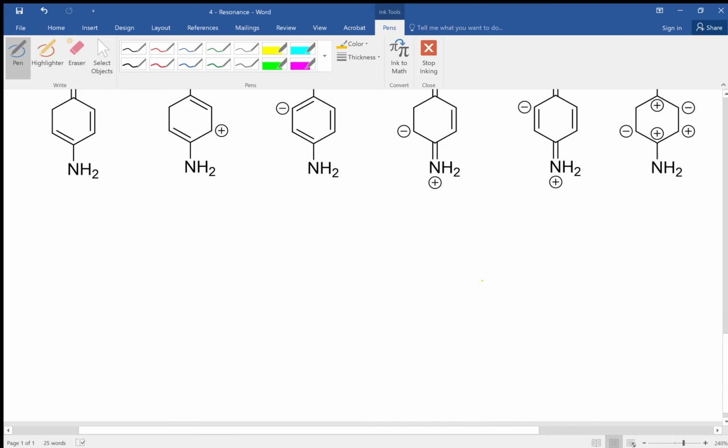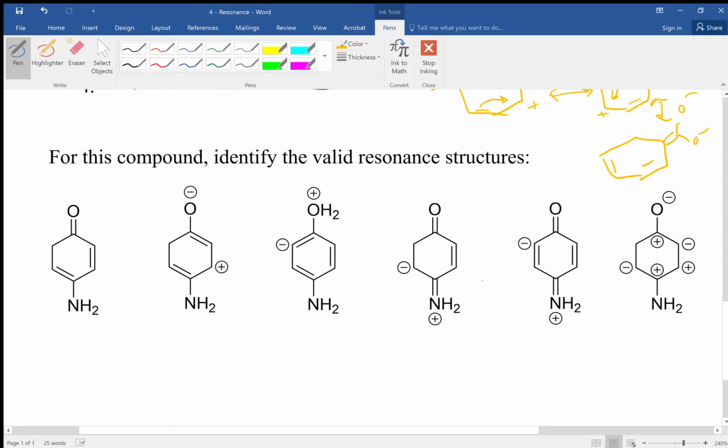Our last question on this exercise asks us that we're starting with this molecule here. So which ones are valid resonance structures? The first thing that I'm going to do is look at the charges, because the charges always need to be equal. So our starting molecule is overall neutral.